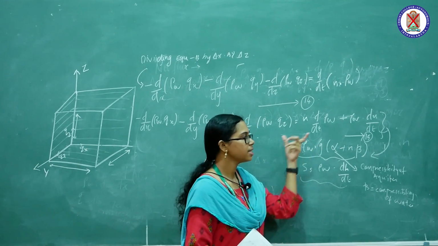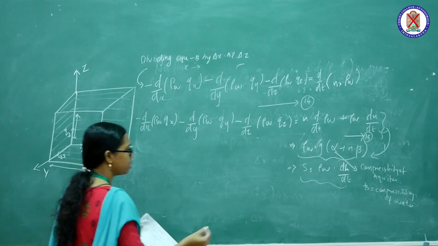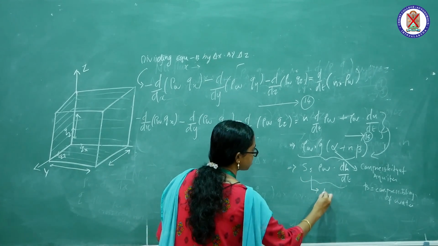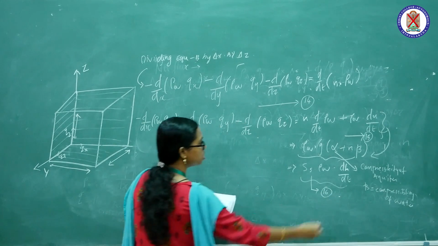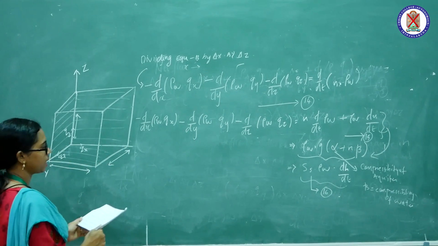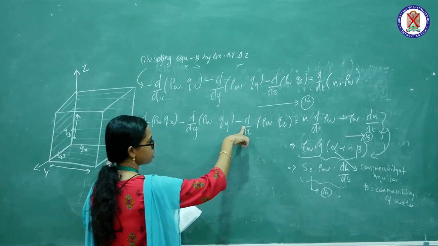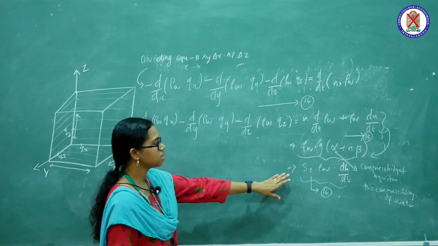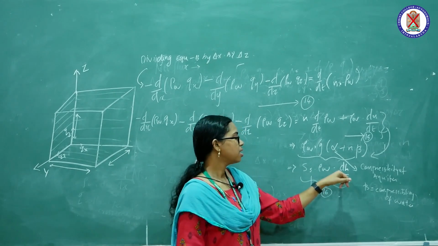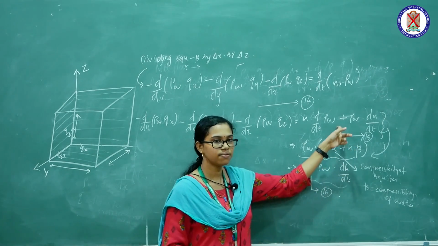So we can rewrite the right hand side like this, and this particular equation is numbered as equation number 16. And by substituting equation 16 into equation 15, we have to substitute this SS, specific storage, into the density into dH by dt into equation 15.